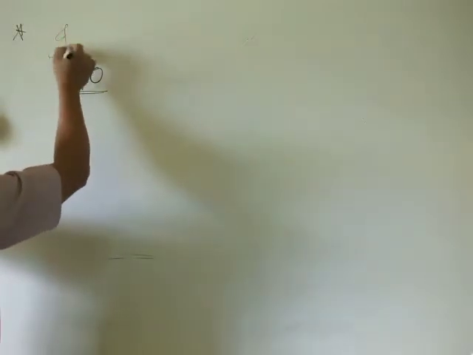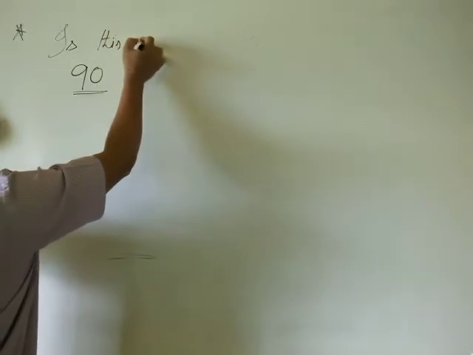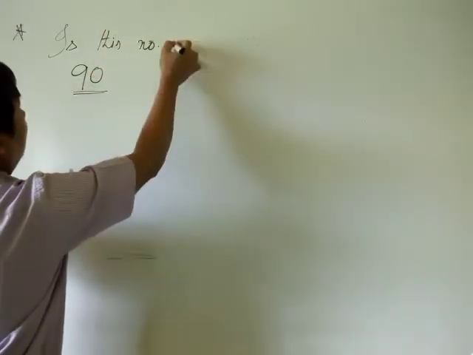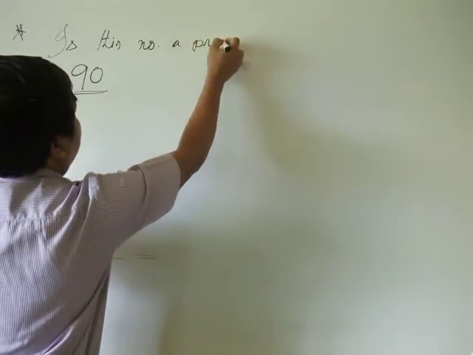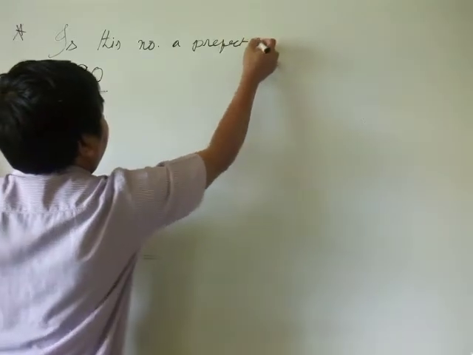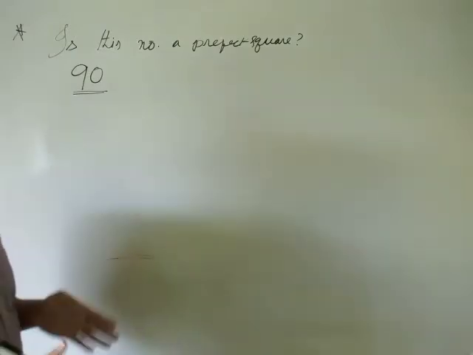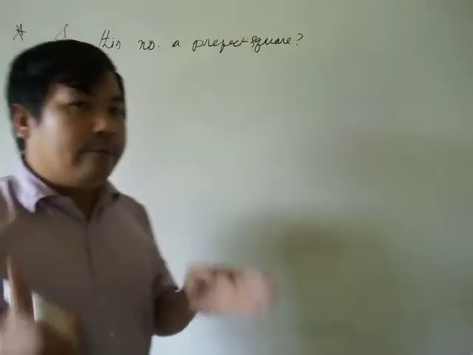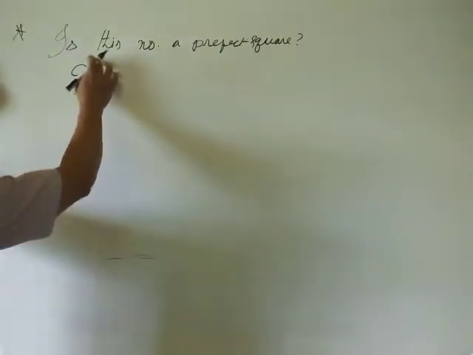We are asking whether this number 90 is a perfect square, yes or no. We have to find out whether it is a perfect square or not. But you can just tell yourself that it is not a perfect square.